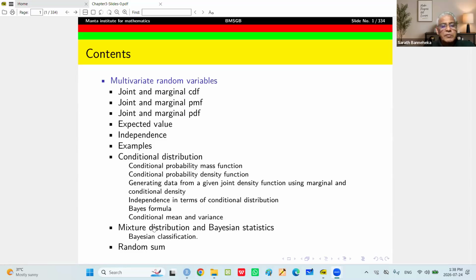In this lecture, we will be discussing mixture distribution and Bayesian statistics. That will be part one of today's lecture. Part two will contain some content about random sum and some examples.